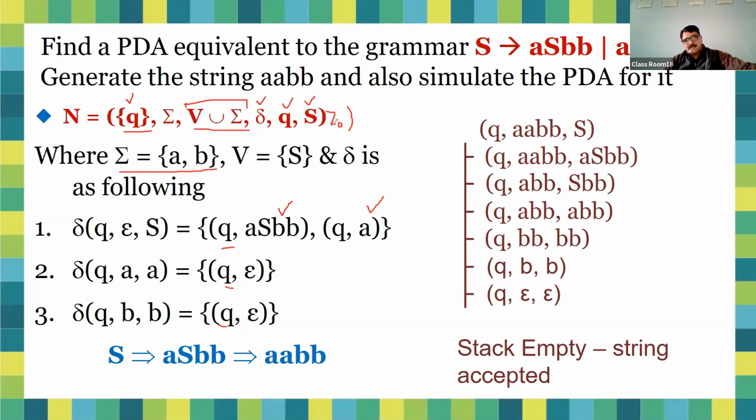So the important point here is the transition function, and you should explain it in detail. So how does it work? You can write the transition functions 1, 2, 3. One is associated with the variable, another one is associated with a terminal, and the third one is also associated with a terminal.